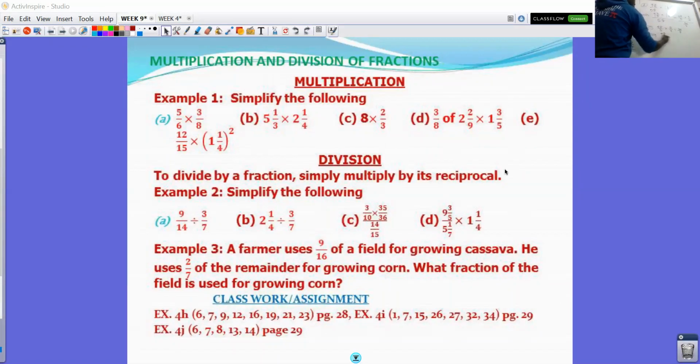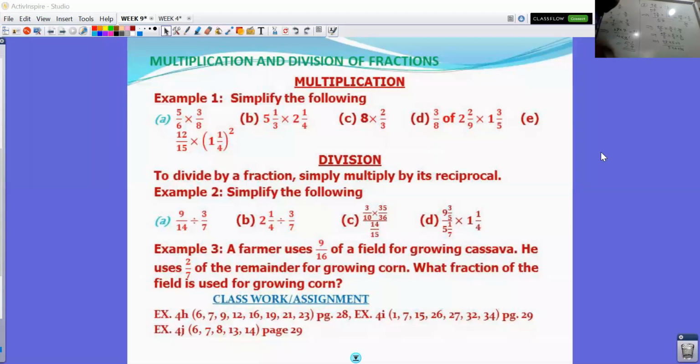We have 48/5 times 5/4. Then we change this division to times, then the 7 will go up, the 36 will come down. That will be 7/36. So let's multiply the numerators: 48 times 5 times 7 all over 5 times 4 times 36.